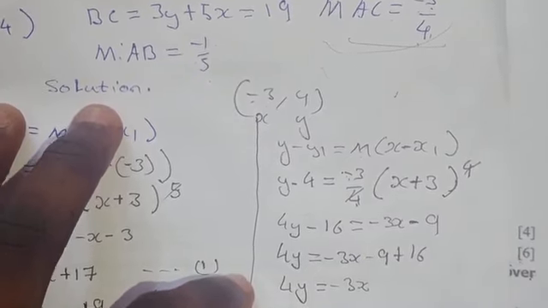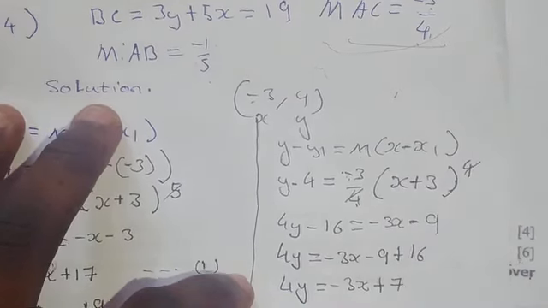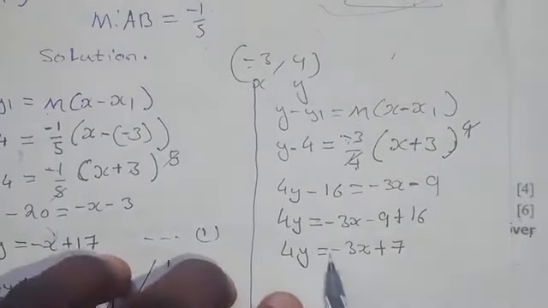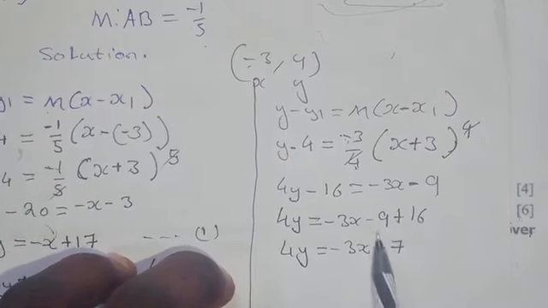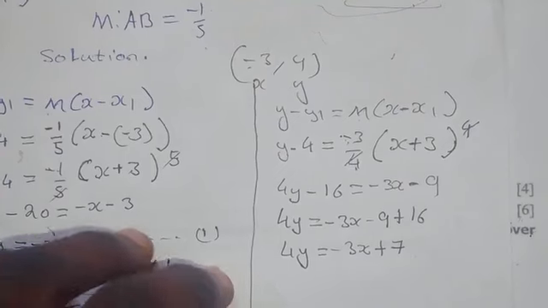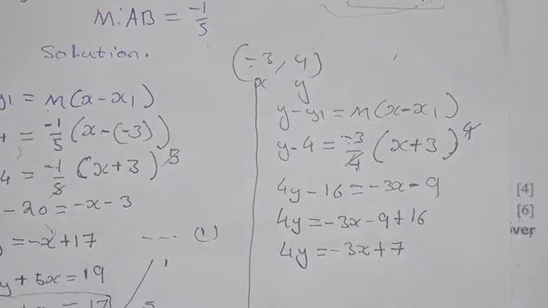We're going to have 7. We get the sign from the bigger number, and the bigger number in this case is 16. So 4y is equals to negative 3x, and this 7 comes from negative 9 plus 16, which has given us 7. Remember, when you're dealing with the same sign, you add.